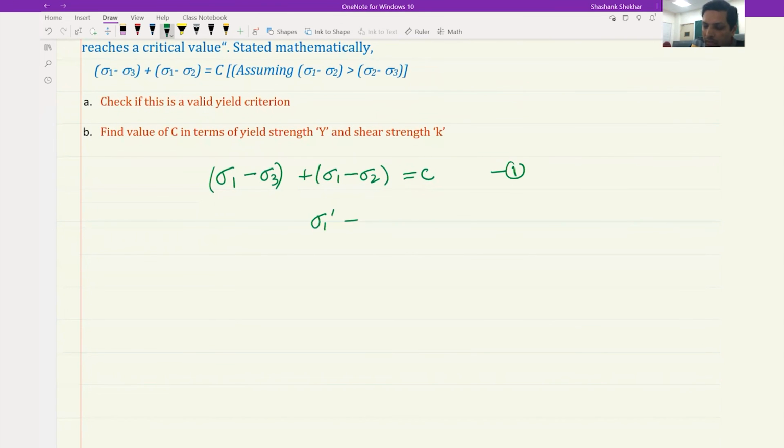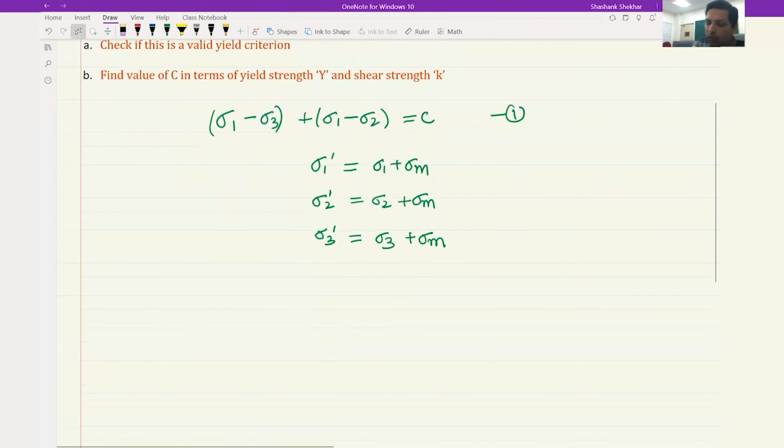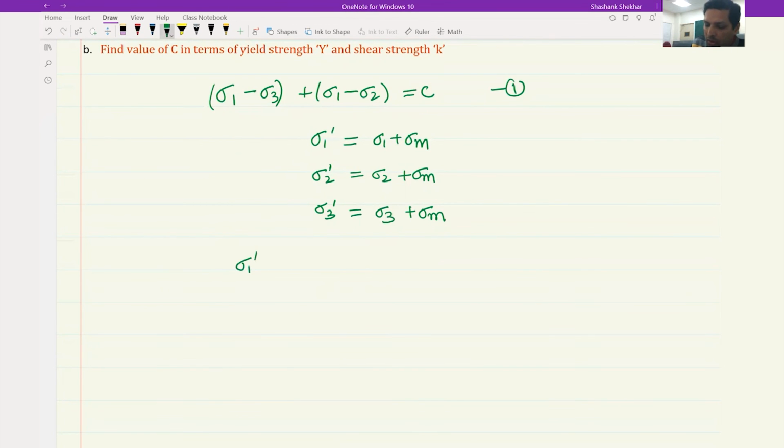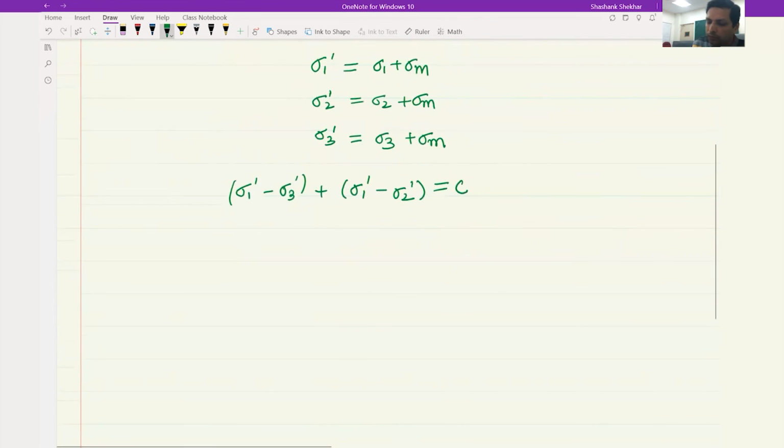Therefore, we get the new principal stresses: sigma 1 prime equal to sigma 1 plus sigma m, sigma 2 prime equal to sigma 2 plus sigma m, and sigma 3 prime equal to sigma 3 plus sigma m. Now we'll put this back into the equation. Let me go one step at a time. So now the criterion can be written as sigma 1 prime minus sigma 3 prime plus sigma 1 prime minus sigma 2 prime equal to C.